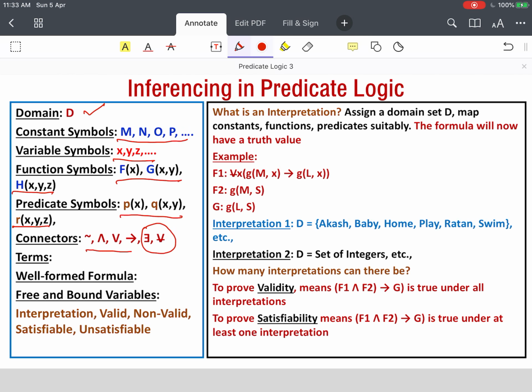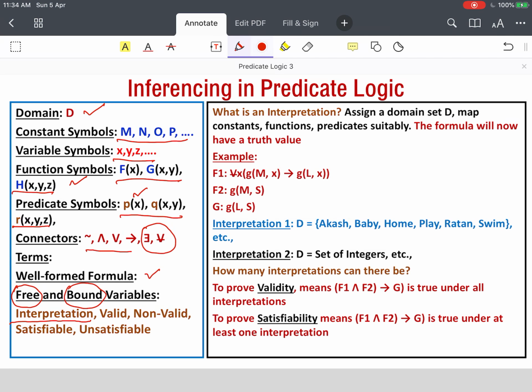It has the standard connectors and these 2 additional connectors. We define terms using variables and function symbols. We define formulae using terms and predicate symbols. We discussed free variables, which are not bound or not in the scope of any for all or there exists connector, and we discussed bound variables.